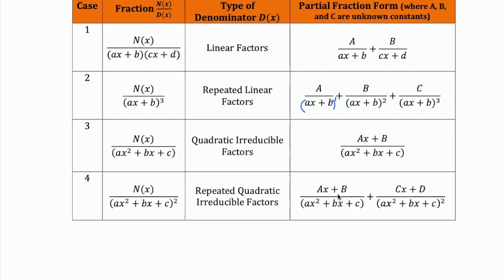So we're going to have ax plus b as my one numerator and cx plus d as my other. Now, if your quadratic can be reduced, remember, that means you can factor it into linear factors. And so you end up back up here as a case 1 or a case 2. So this is how you handle the quadratics you can't reduce.